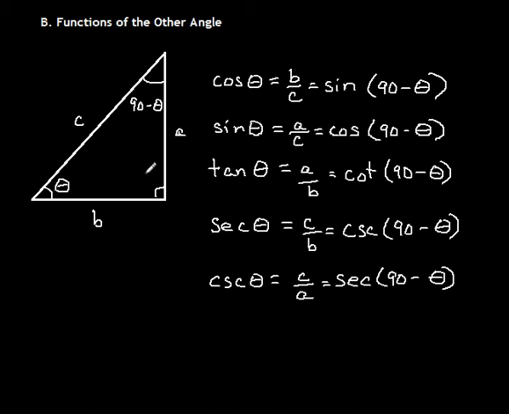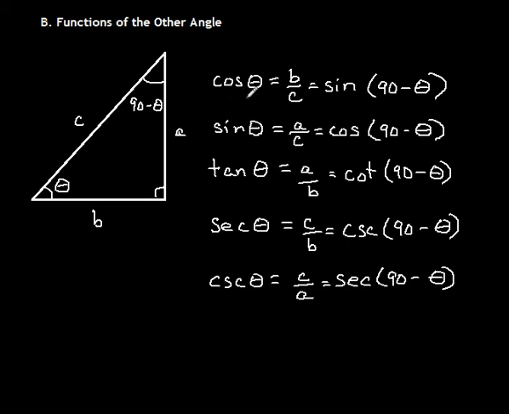Okay, we have a triangle. If this is theta and this is 90 degrees, then obviously 90 minus theta would be the degree of this angle right here. So if I had the cosine of theta, cosine is adjacent over hypotenuse, I would get b over c. The cosine of theta is equal to the sine of the other angle.